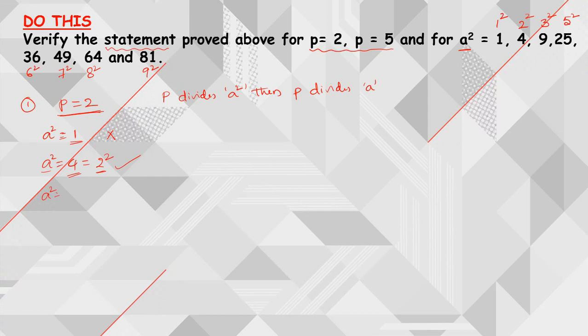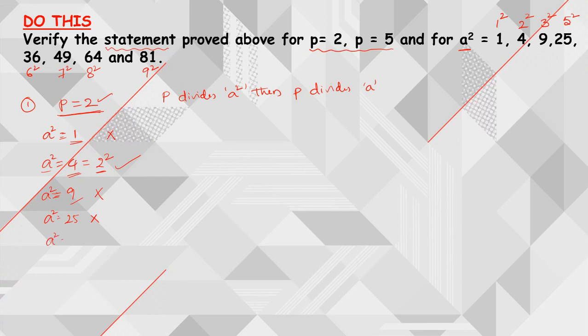When a square is equal to 9, 2 won't divide 9 because 2 is an even number and 9 is an odd number, so clearly it won't satisfy. Next, if a square is equal to 25, the same case, because 25 is odd and the prime number p is 2.